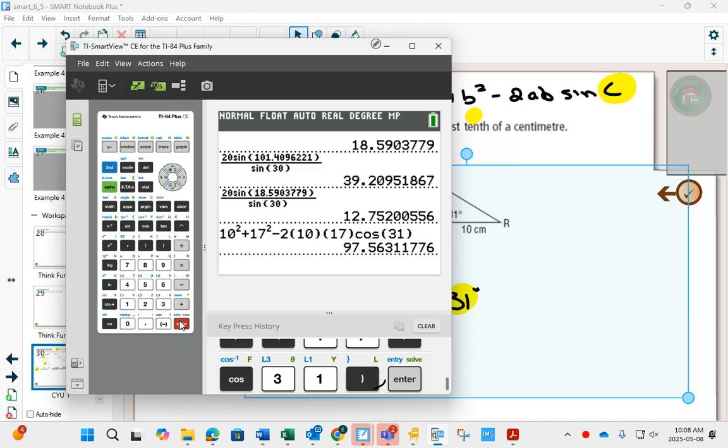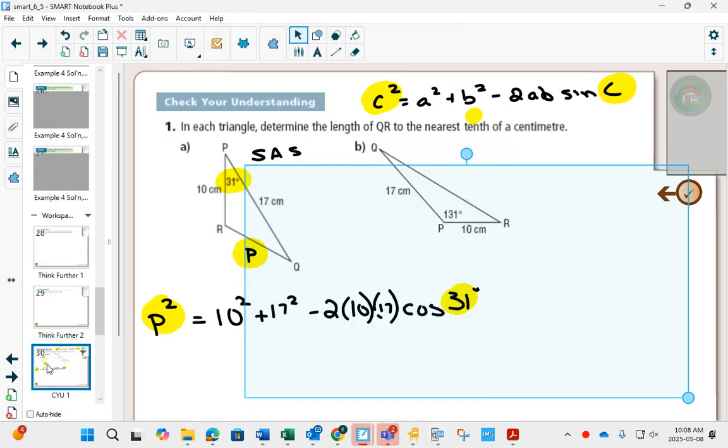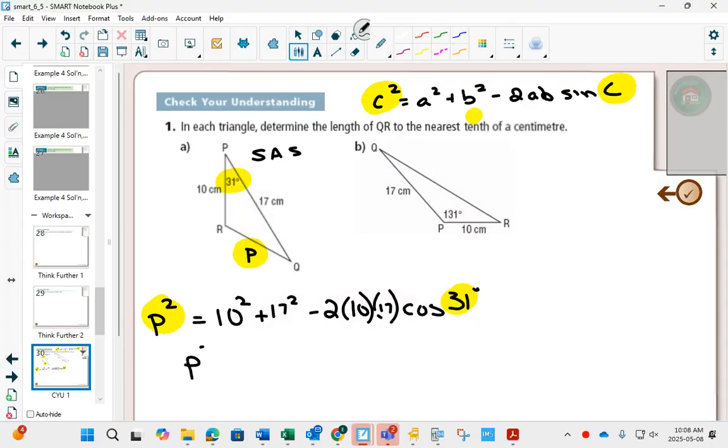You can type that in all at once. 97.563. No other work needs to be shown. Okay?